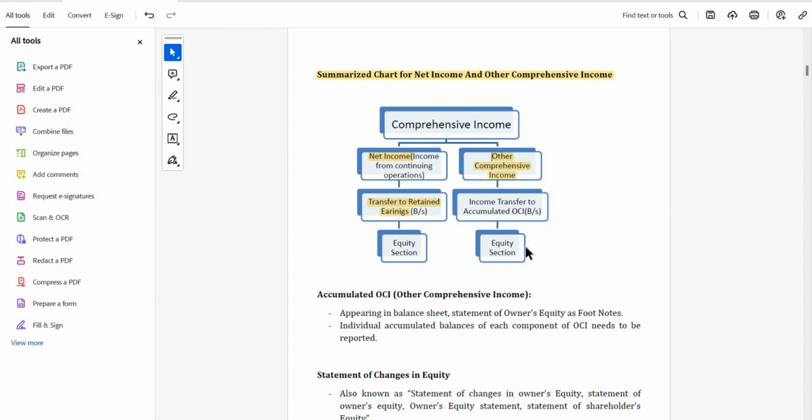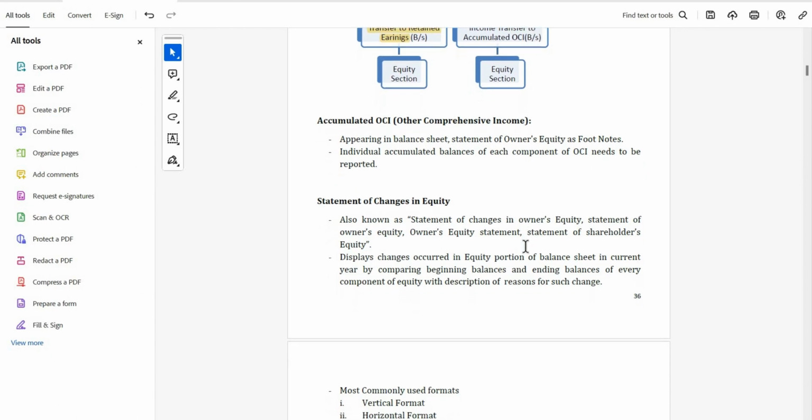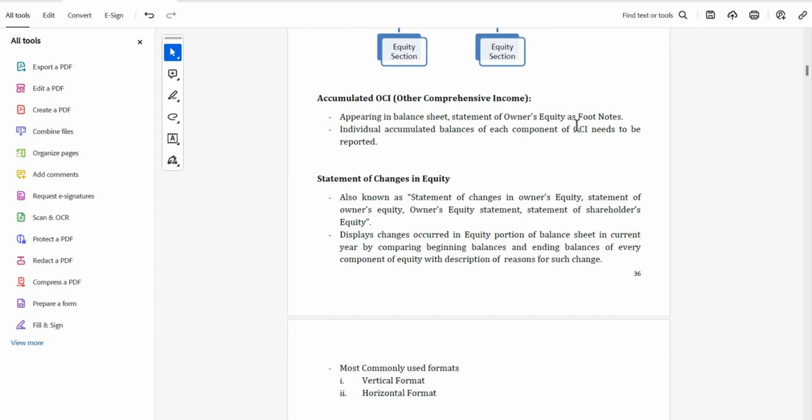and that is also under the equity section. So coming to accumulated OCI, other comprehensive income appearing in the balance sheet and statement of owner's equity, we have to show it as footnotes. And individual accumulated balances of each component of OCI need to be reported.